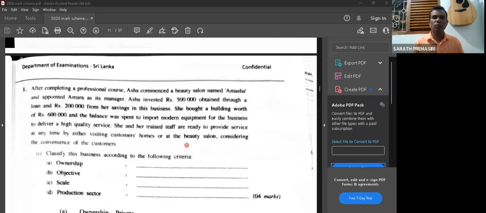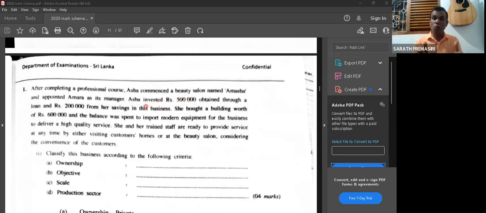Now, give me some weaknesses here. You can visualize. Now here, she has invested only 200,000, but she has got a loan of 500,000. Which means it emphasizes that she has some financial disabilities. Look at that.